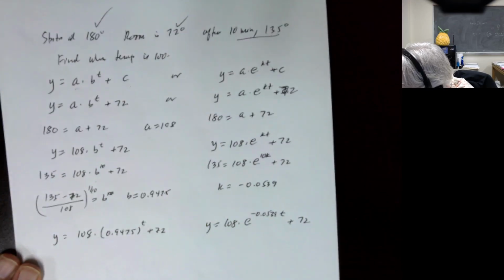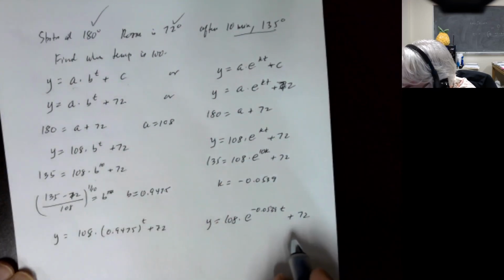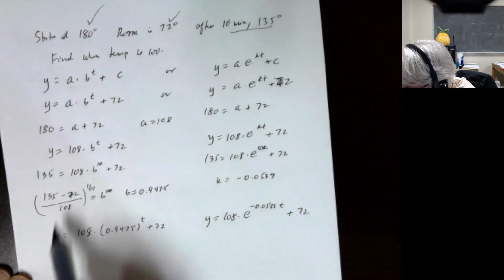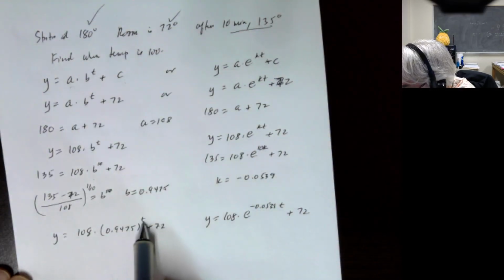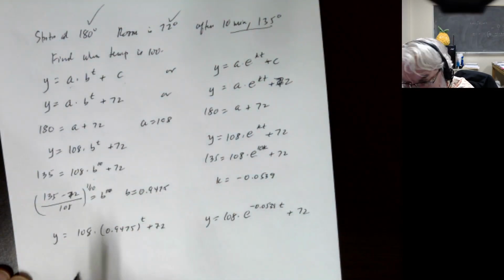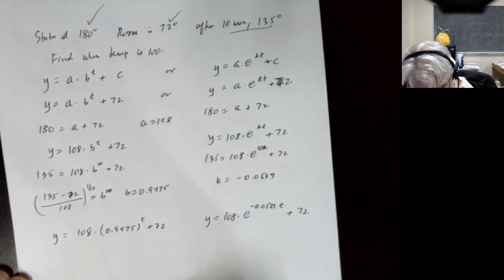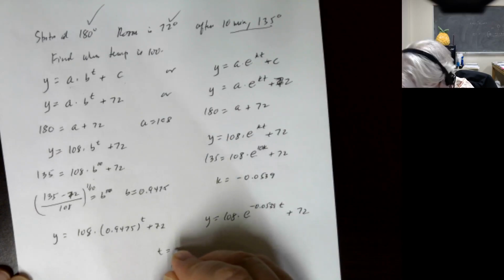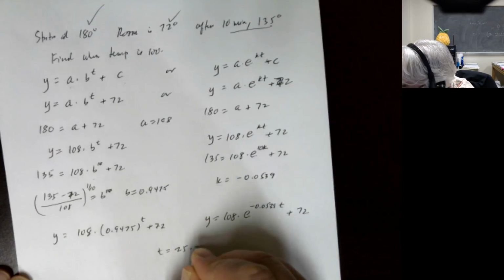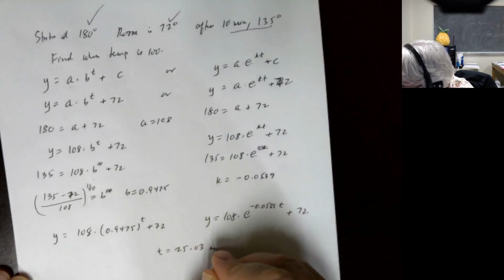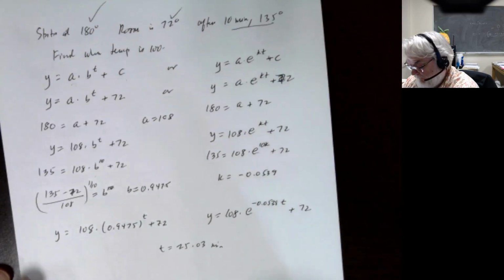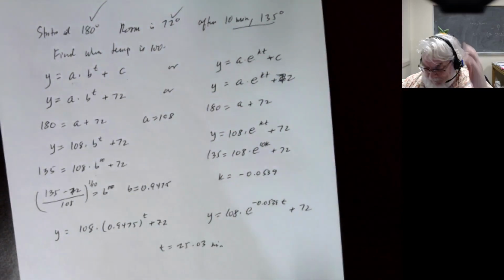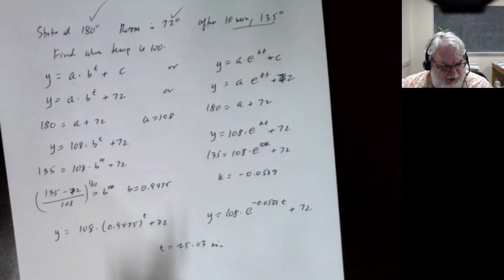Lastly, you would just set your y equal to 100 and solve for t. See if you can do that. You should be able to get that t is about 25 minutes, 25.03 minutes. Sometimes it depends on how much you round off, but I'll leave that part to you. That's not too hard, just takes a little bit of time.